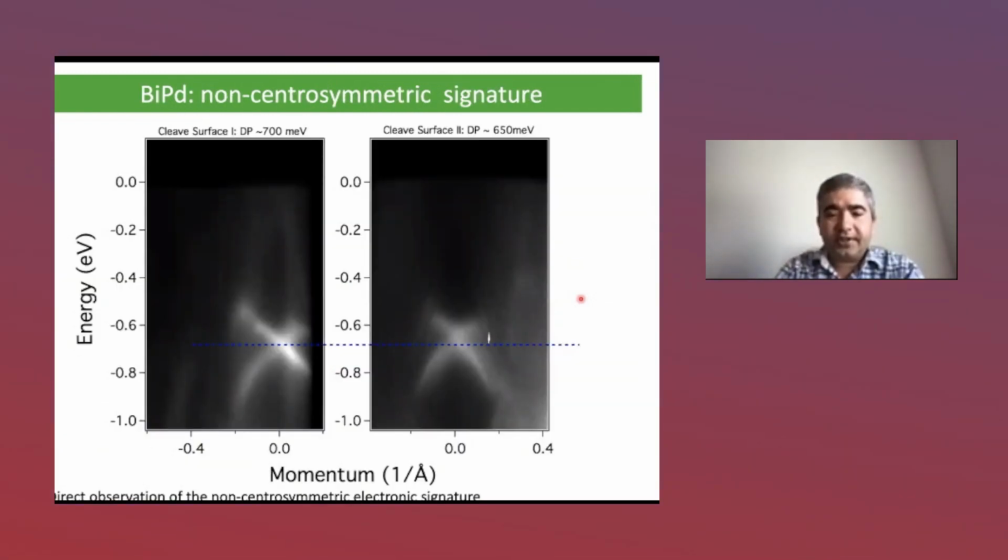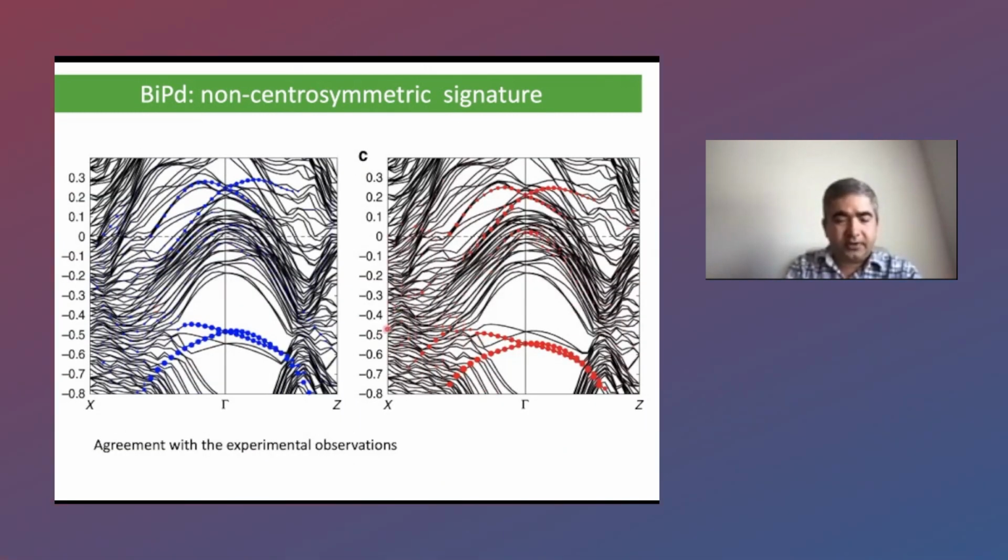Another interesting thing we found in this system, which is non-centrosymmetric: if you cleave one side of the surface, the location of the Dirac point is different than if you cleave the other side. So it's a direct observation of non-centrosymmetric electronic structure. The Dirac point has almost a 50 meV offset, which is in agreement with the DFT calculation.